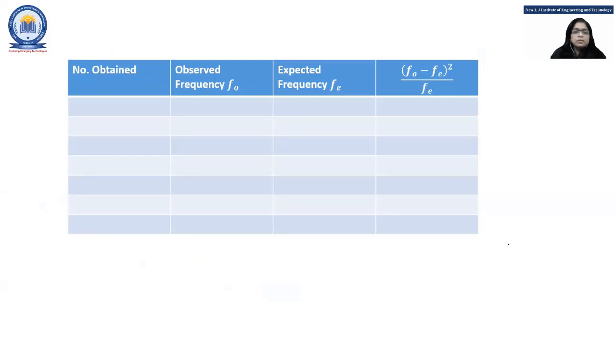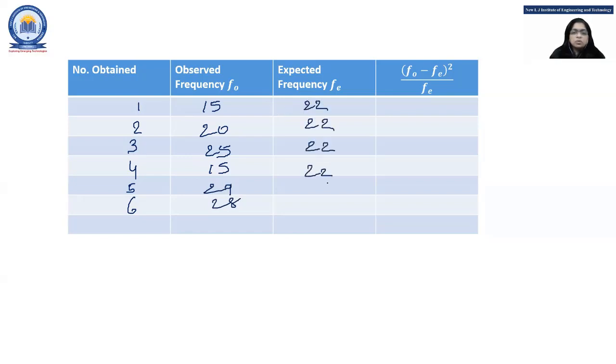So the number obtained is already given as it is a dice. So here 1, 2, 3, 4, 5, and 6. Observed frequency given is 15, 20, 25, 15, 29, and 28. Expected frequency of each number is 22. Okay.